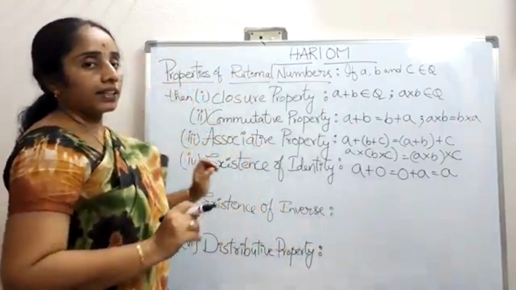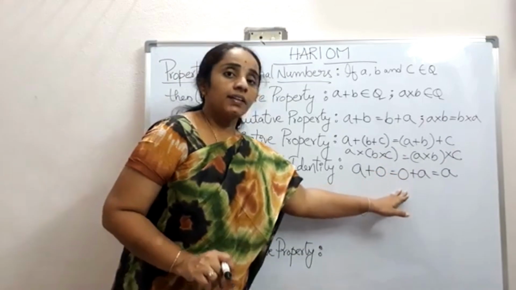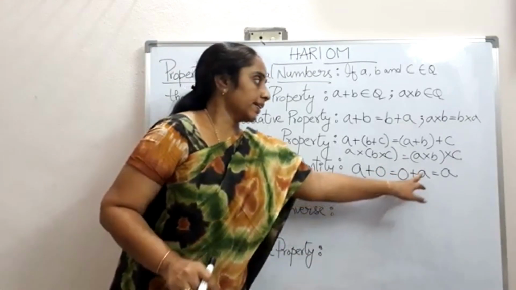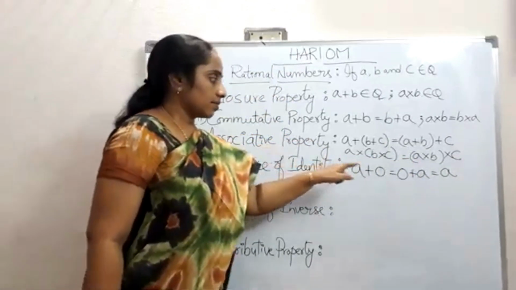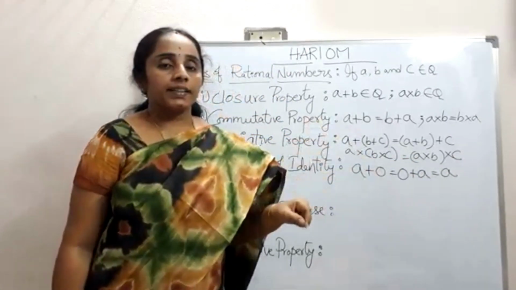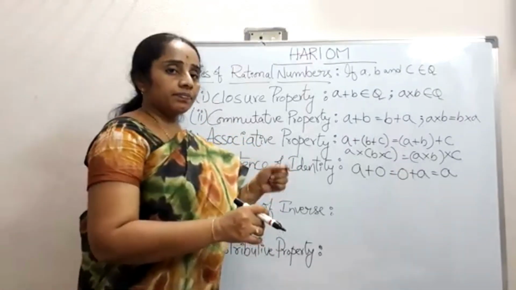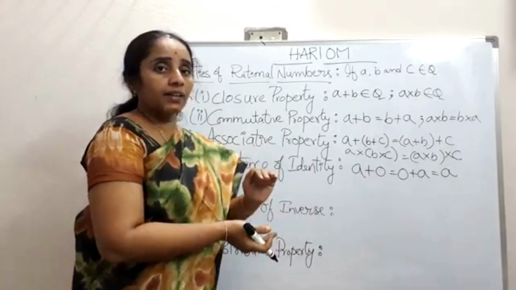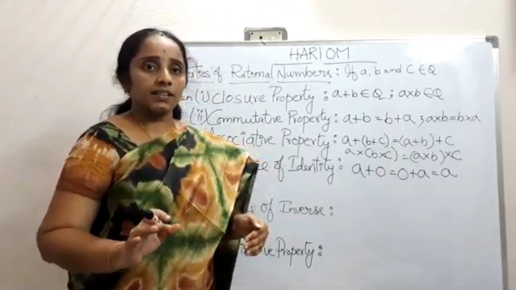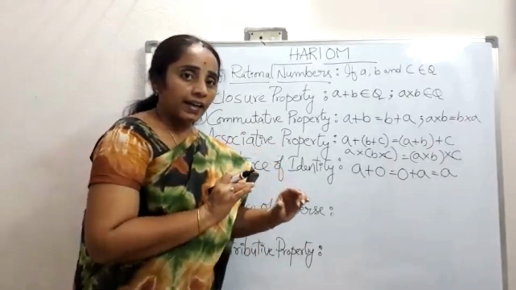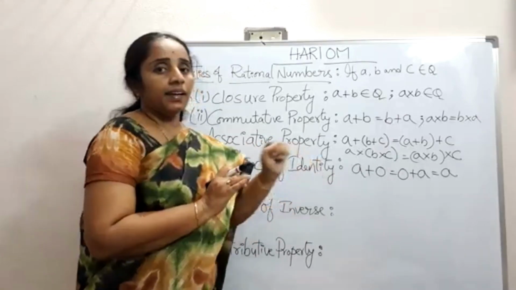I have taken a rational number a, added 0, and again we get the same result a. So we call this 0 the additive identity element. Meaning, if we add a number to a given number and get the same number as the result, then the number we added is the identity element.